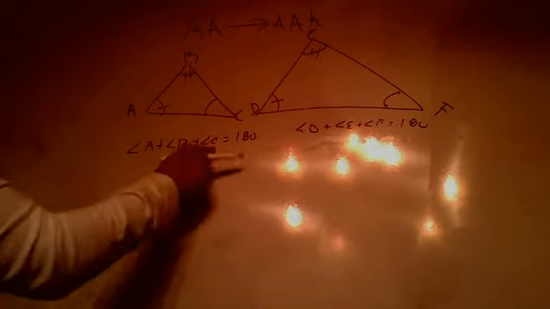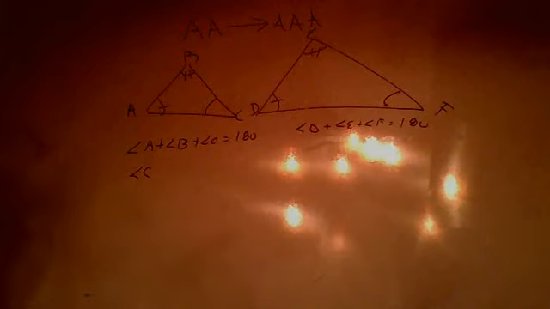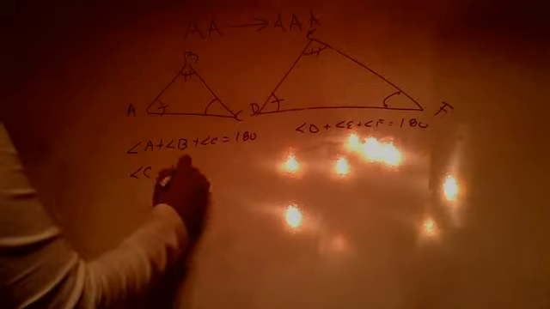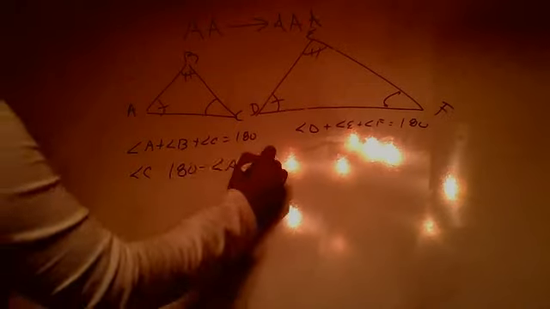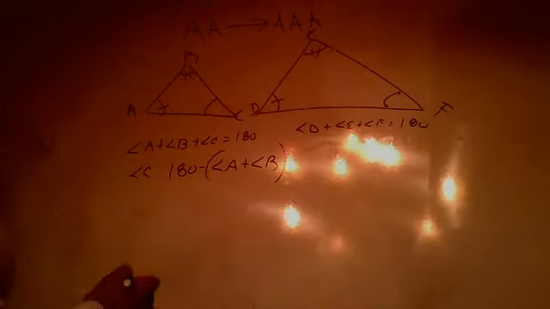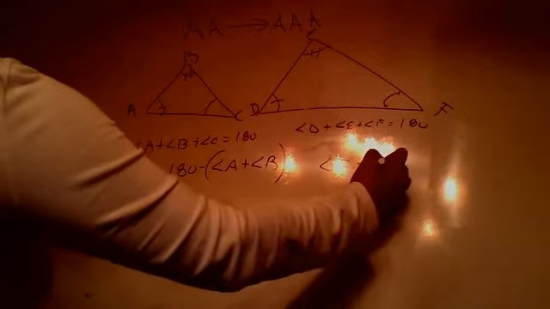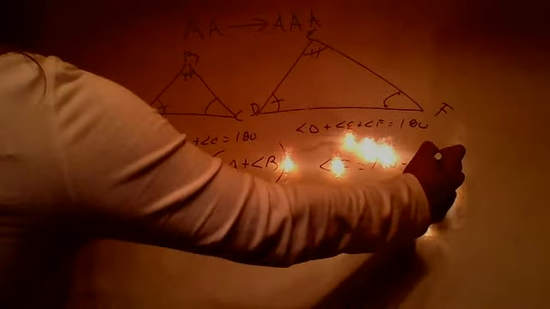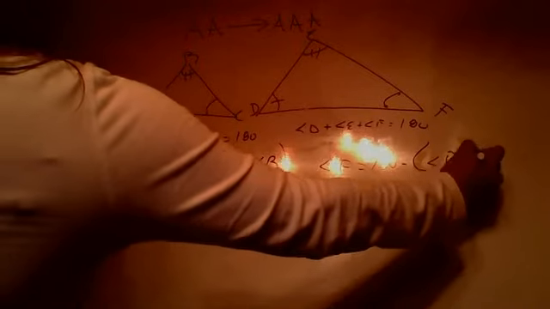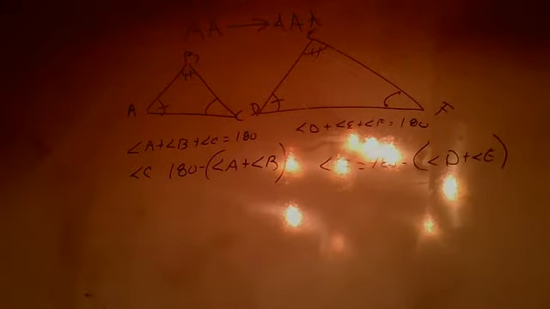So angle C is equal to 180 minus angle A plus angle B, and angle F is equal to 180 minus the sum of angle D plus angle E. Are you with me so far?